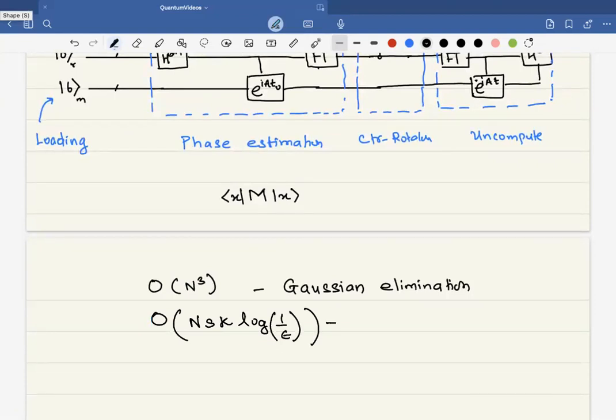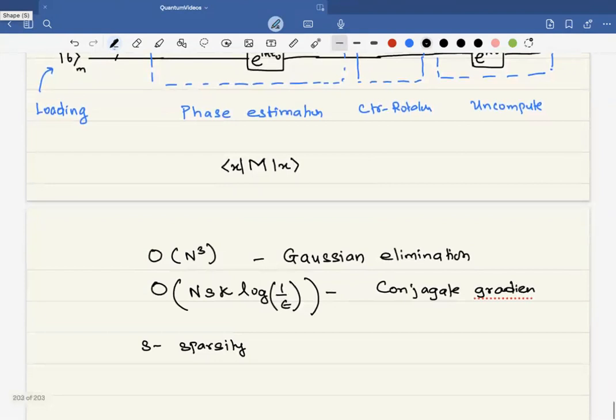This is a classical method, where s is the sparsity, which is the number of non-zero elements in a row of a matrix. That is the maximum number for each row.